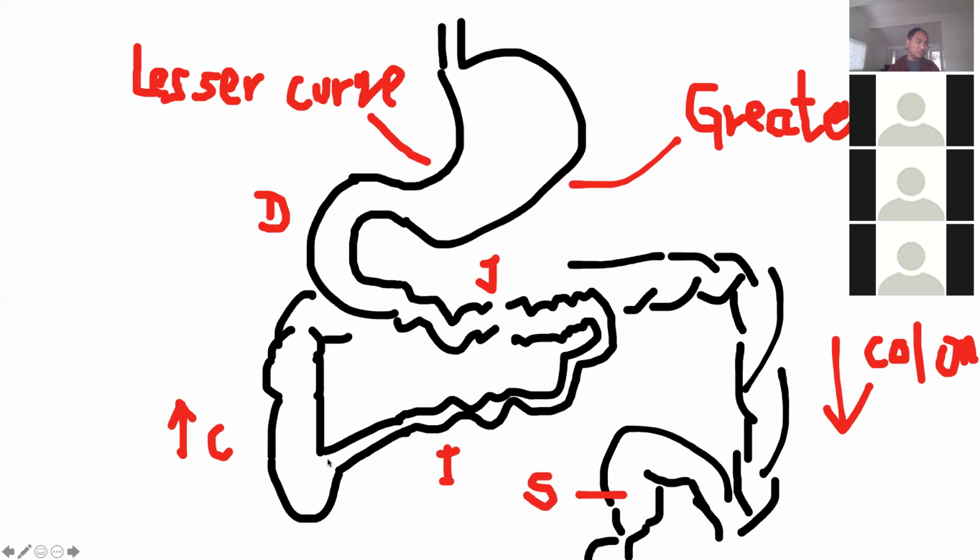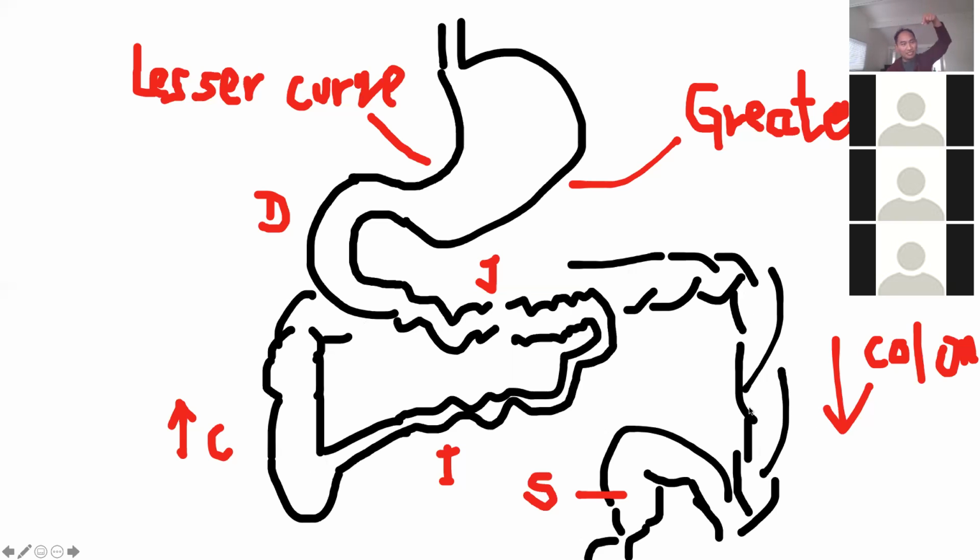So this junction is called the ileocecal junction, because ileum is coming into the cecum, and this cecum will continue upwards as a colon, C-O-L-O-N. So this is going upwards, so ascending colon, and from the right it crosses to the left. So this is the crossing colon or transverse colon, and then transverse colon will come down on the left side of the abdomen, which is called descending colon.